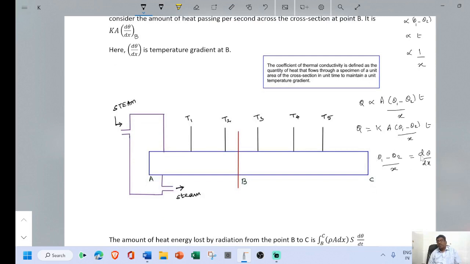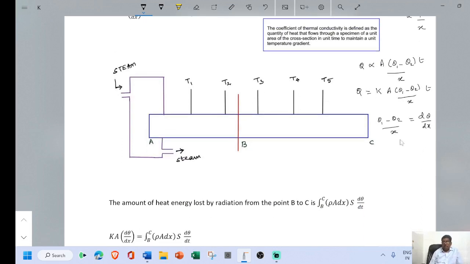The rate of loss of temperature with respect to distance is called temperature gradient. Now the equation becomes Q = KA (dθ/dx) t.